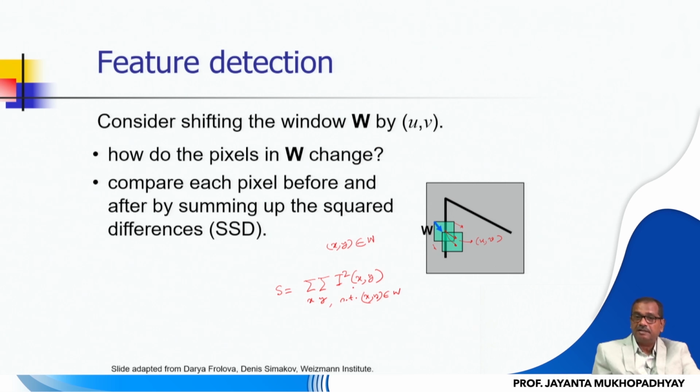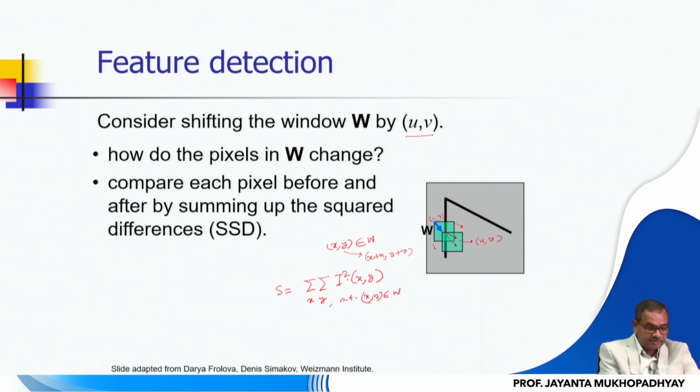But when we are taking the difference, what I will do is take the sum of squares of the differences. That means it has a correspondence. This xy location is shifted here. When it is a vector uv, xy is shifted to x plus u and y plus v.